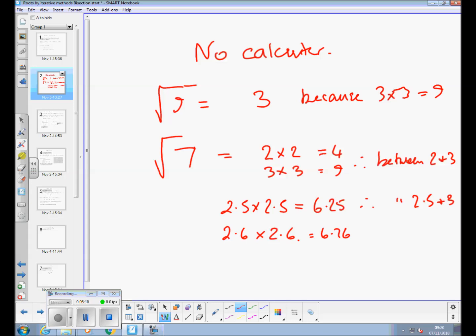So where's your estimate of the square root of 7 now? Between 2.6 and 3, isn't it? Because we're still underneath. Next guess.